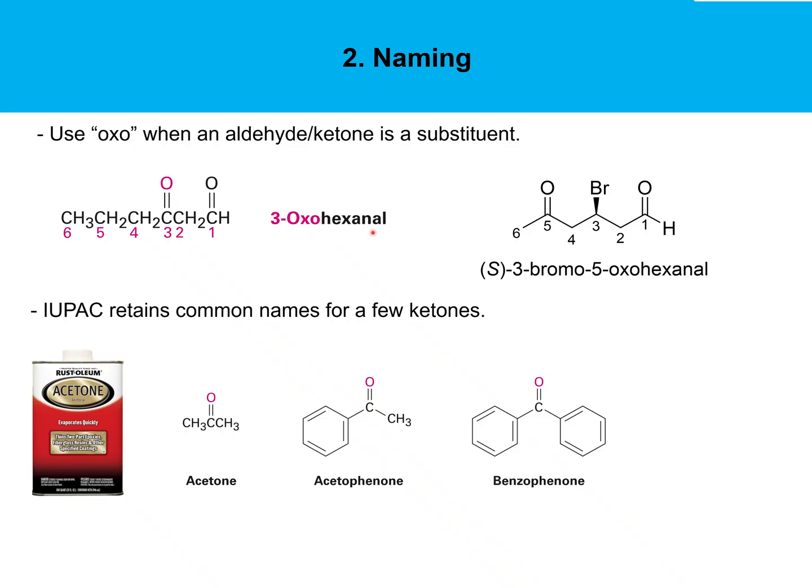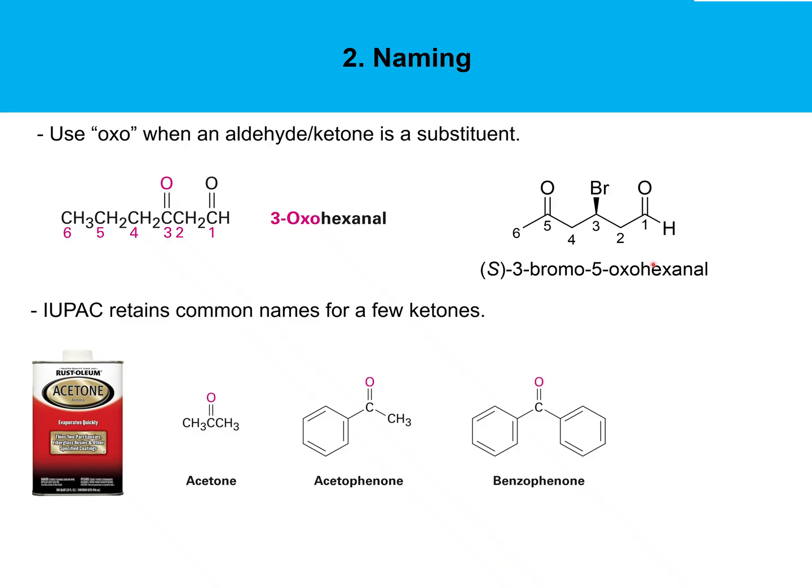Notice again, we don't need to indicate that the aldehyde is on carbon 1, since by definition, aldehydes will always be on carbon 1. In the next example, we have again an aldehyde and a ketone, and we also have 6 carbons in the parent chain.